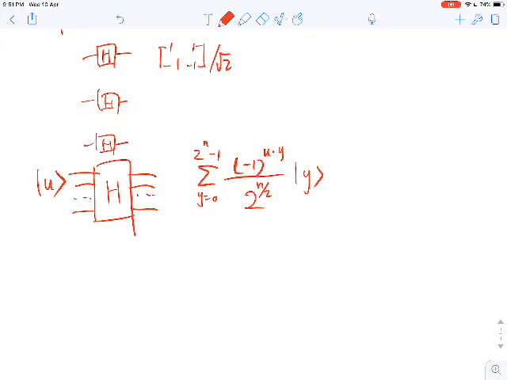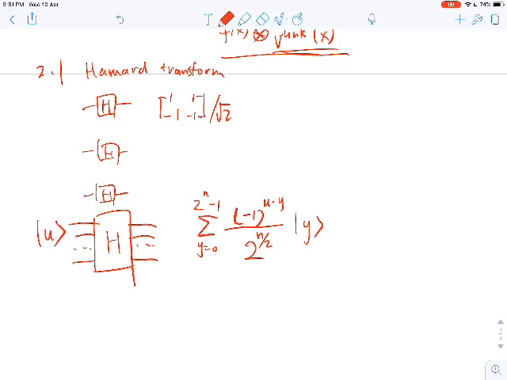And from this we know the Hadamard transform distributes the input into the new field, each with the probability of 1 over 2 to the power n, and normalized, we just take the square root of it, and we get this.